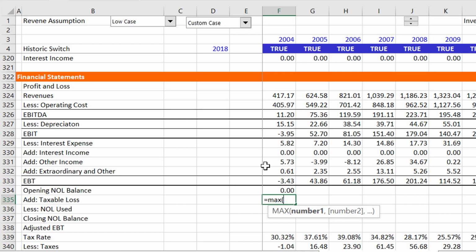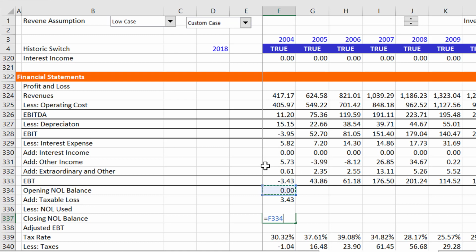Now this is really simple. We put a maximum of a minus of this or 0. So in a way, it's a good time to do this. We were using maximum and minimum. And then the next one's really, so that's if you have a taxable loss, you say, okay, we're going to plop that into the carry forward.